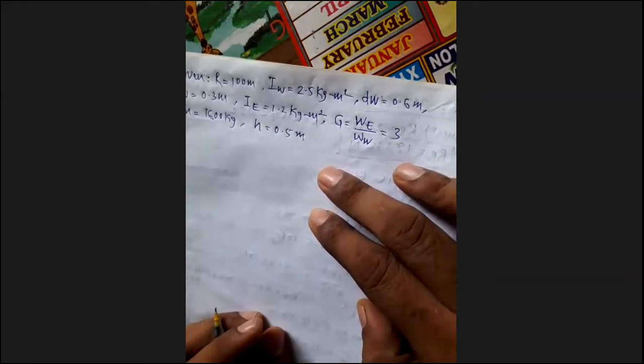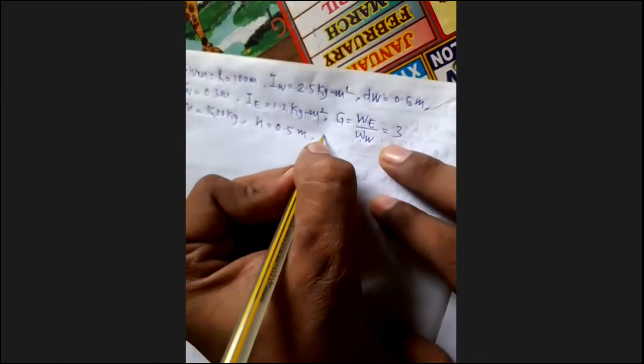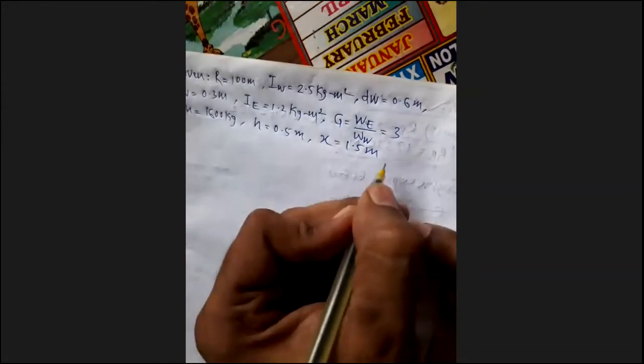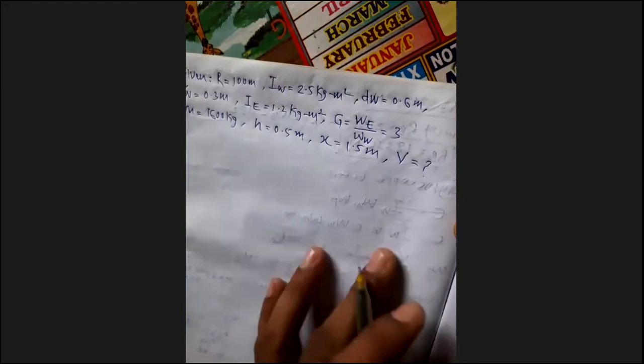The width of the track we take as x, 1.5 meter. And now what we have to find? We have to find the limiting speed, that is the maximum speed of the automobile, so that all four wheels do not leave contact with the ground.